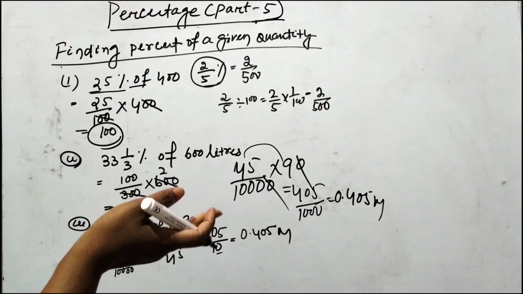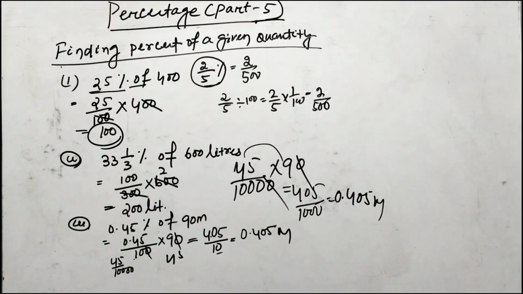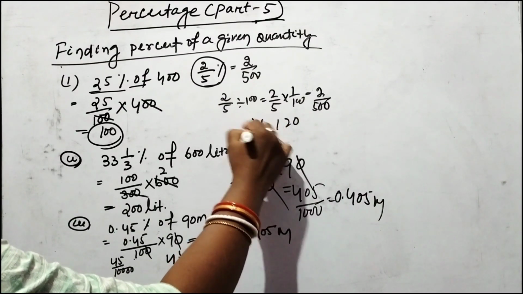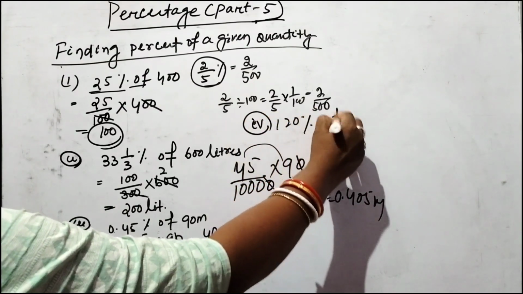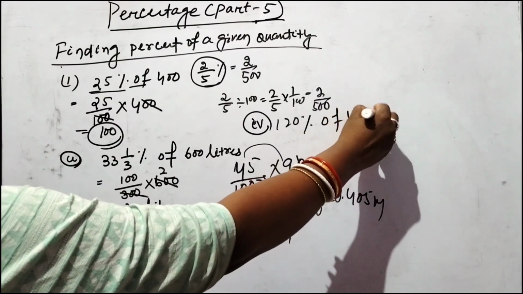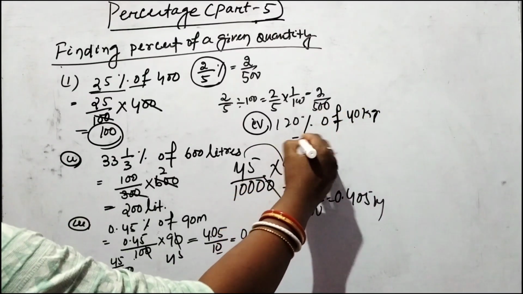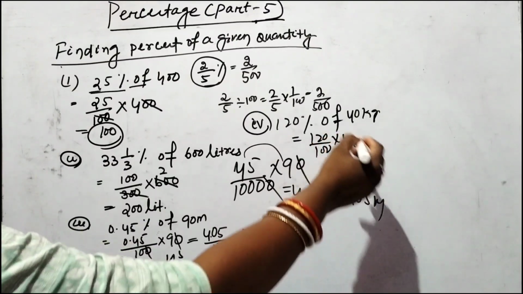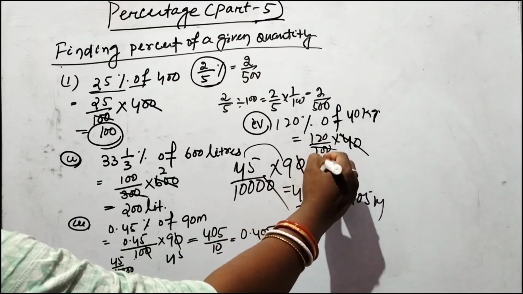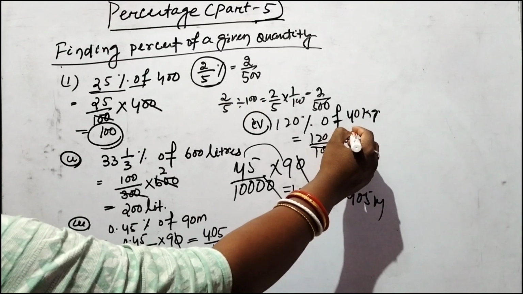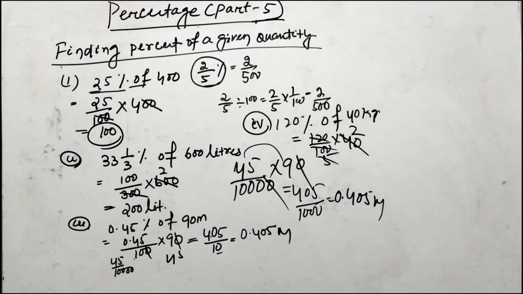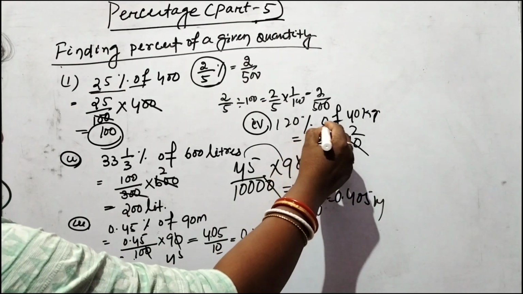But suppose the question is given as find 120% of 40 kg. How do you find 120% of 40 kg? So 120 by 100 into 40. Simply divide by 20, it's 5. Then here it is also 2. Then when you divide 120 by 5, it is 24.